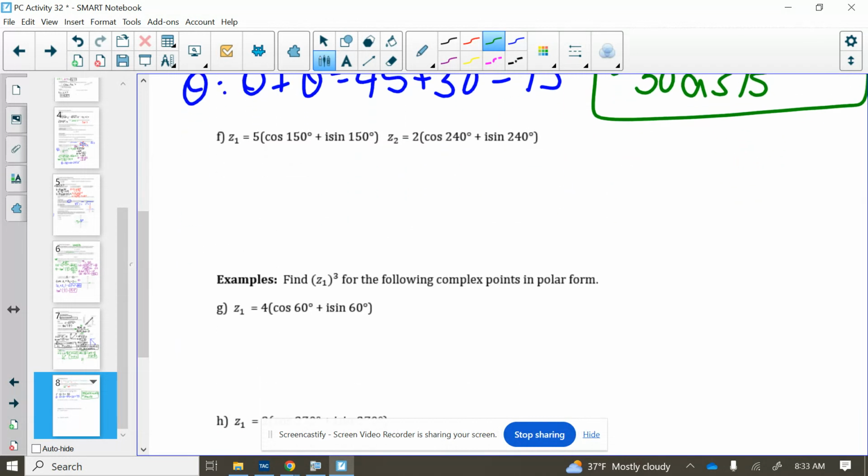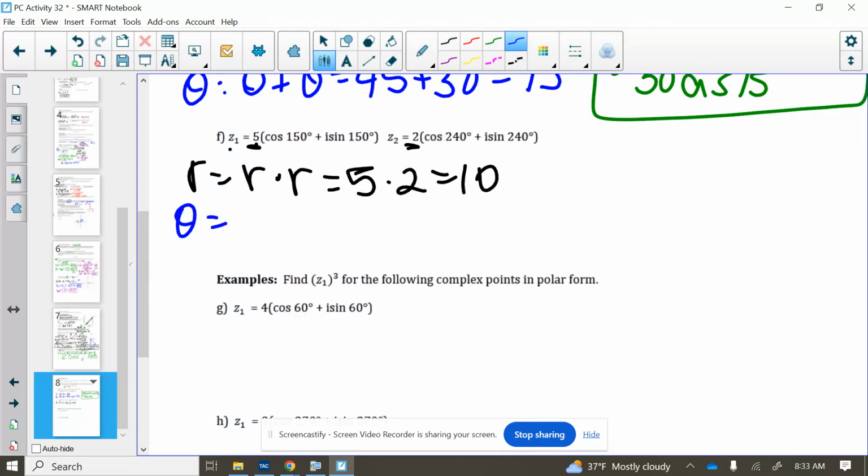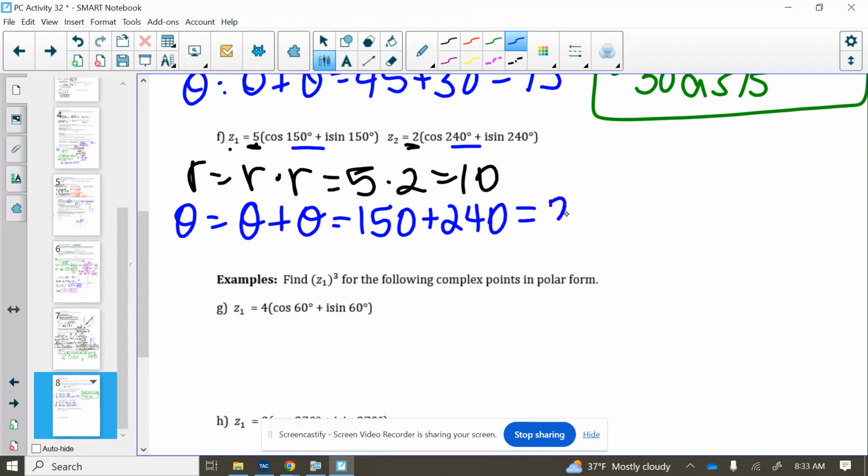For the second example, again, if we are looking for our r value, we are going to take the r values of the original 2 and multiply them. So 5 times 2 is 10. To find our theta value, we're going to take the theta values from the original and add them. So 150 plus 240 for a total of 390.